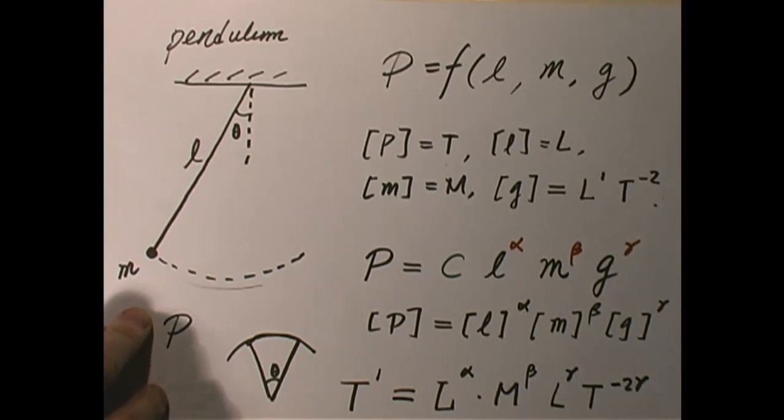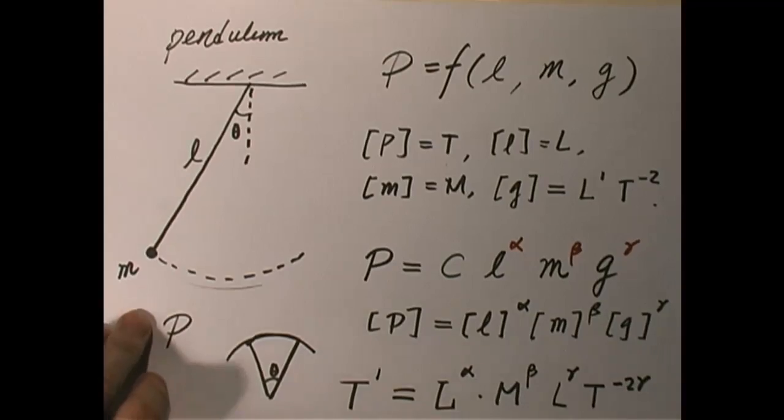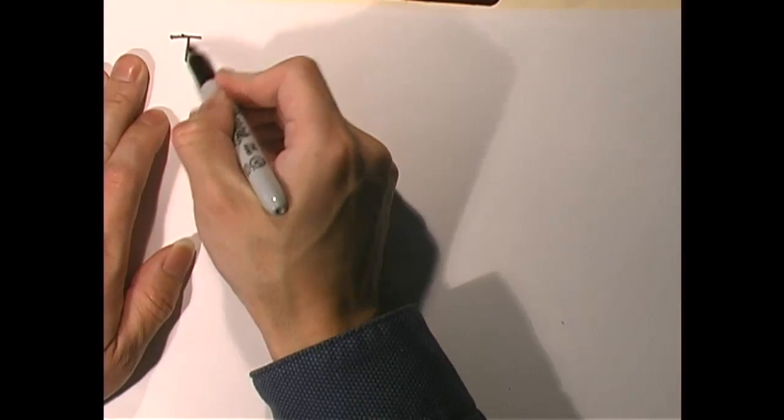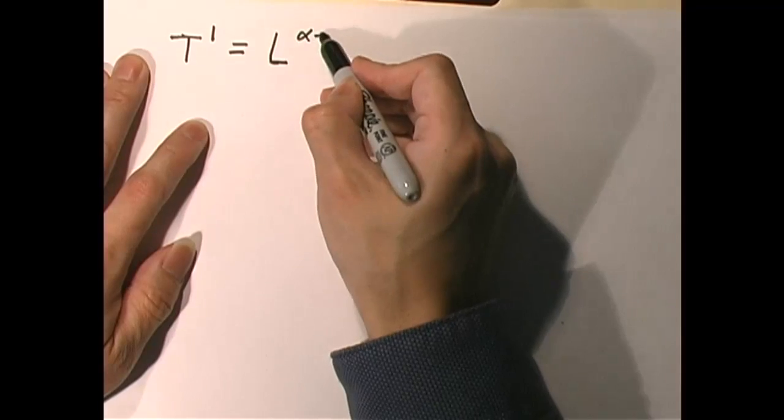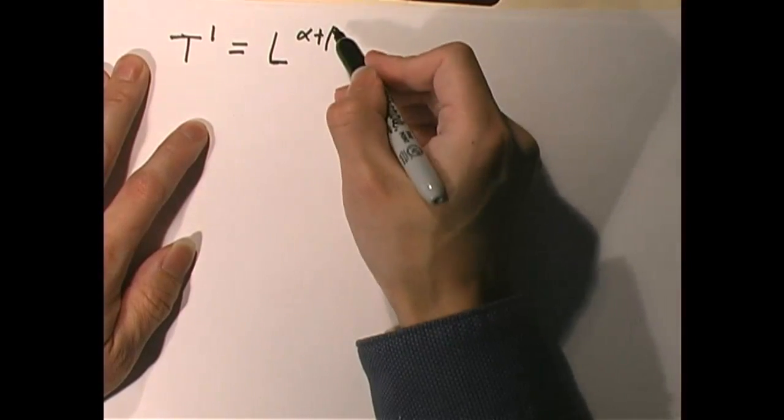Okay, let me do some algebra on this side. What I'm going to do is I'm going to combine all the powers of L together. See, there are two powers of L, alpha and gamma. I'm going to put them together. Okay, see, if I did so, I would be getting this. T to the first power equals L to the power alpha plus, I'm sorry, alpha plus gamma.